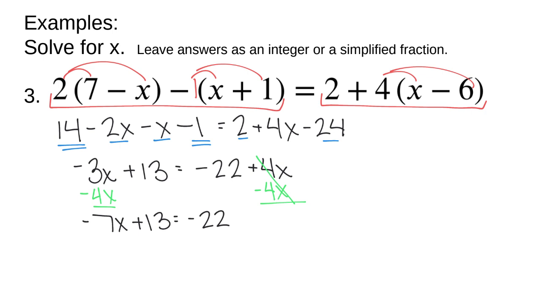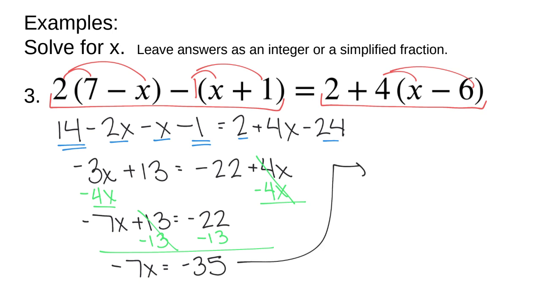Since I put all my x's on the left, that means all of the constants, or my numbers, need to go to the right. So I need to move this 13 over here. Now it's a minus. I'm going to be left with negative 7x on the left and negative 22 minus 13, or negative 35 on the other side.